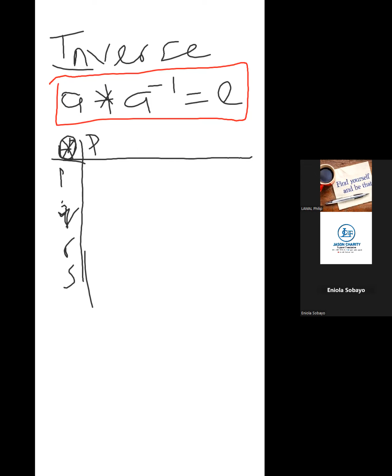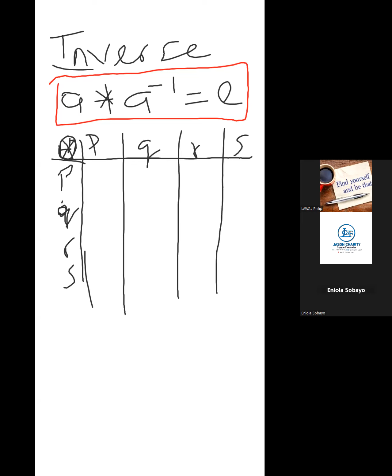So P is here, Q is here. So this is P, Q, this is R, and this is S. Because JAMB likes tabular questions a lot.